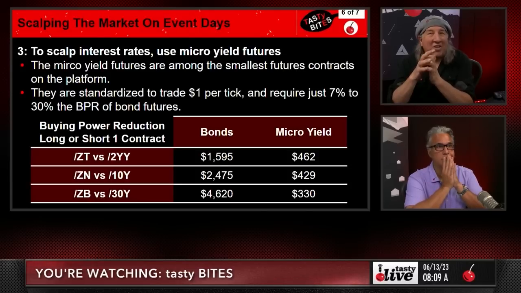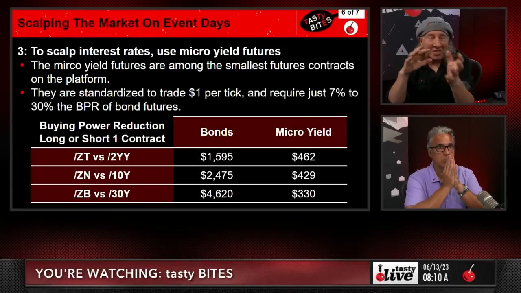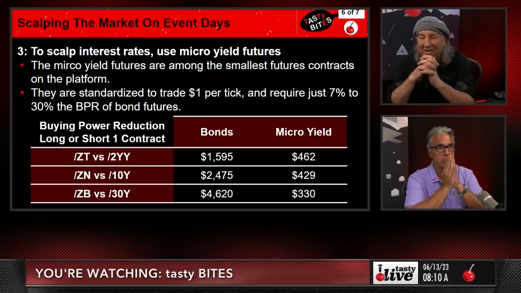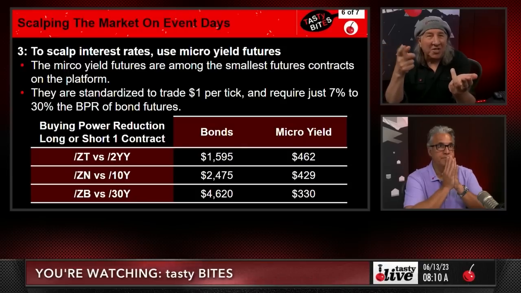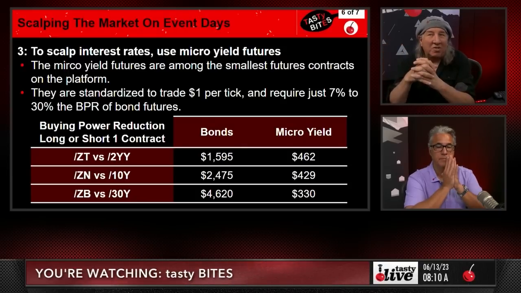They're standardized to trade $1 per tick and require just 7% to 30% of the buying power of bond futures, depending on the specific one. The buying power reduction, long or short one contract of the ZT, the 2-year, is $1,500 versus the micro using the 2-year yield, which is $462. So it's 1/4 the size.